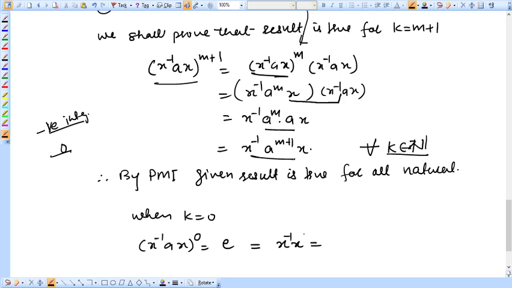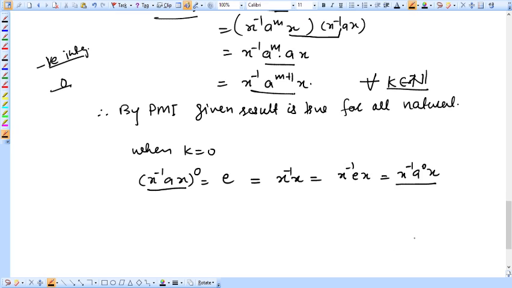We have written this thing initially in the fourth theorem, that a, b and x belong to G. And x can be written as x is equal to ex, so we can write it as ex. E can be written as a to the power 0. So from here we have reached here. Therefore the result is true for k is equal to 0.